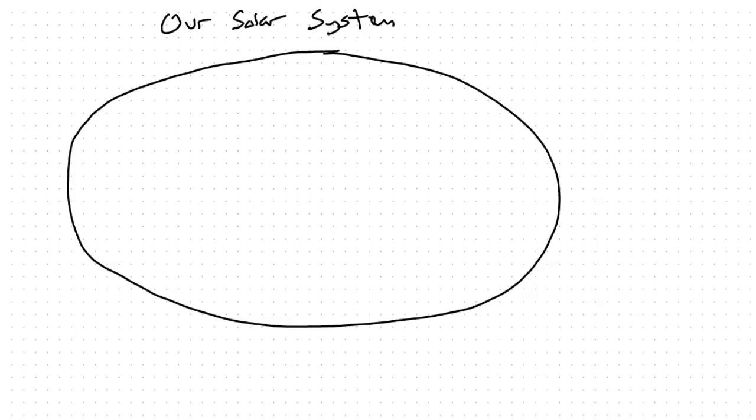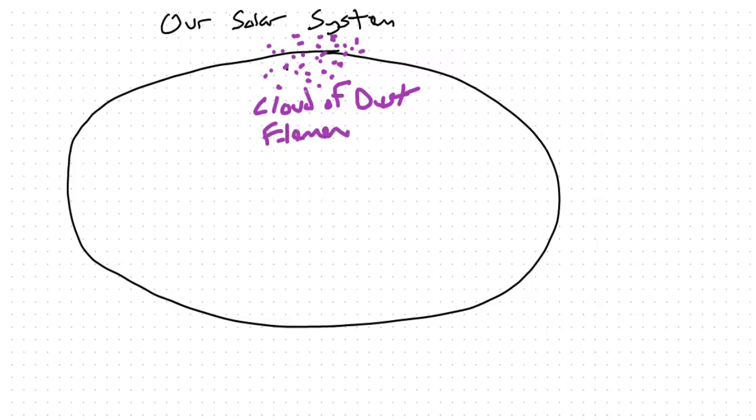So at first, our solar system is just this. Here, let's use purple, make that a little bigger. It's just this cloud of dust. When I say dust, I mean all of the elements that created our solar system are here at this point. Elements, just to be clear.